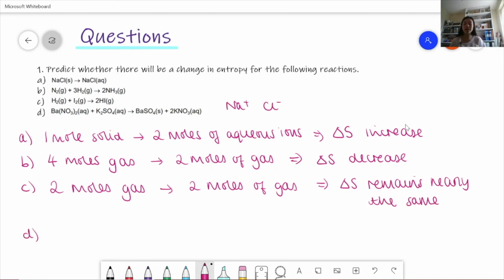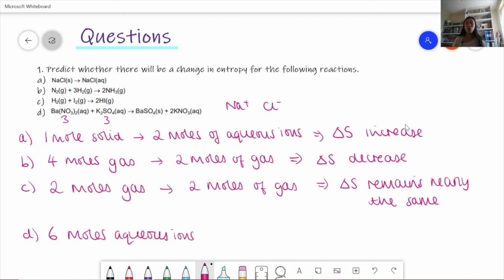And then finally for D, we've got a Ba2+ and 2 NO3-. So we've got 3 moles of aqueous ions for the Ba(NO3)2. And then for the K2SO4, we've got 2 K+ and 1 SO4 2-, so that's another 3. So we've got 6 moles of aqueous ions on the left.